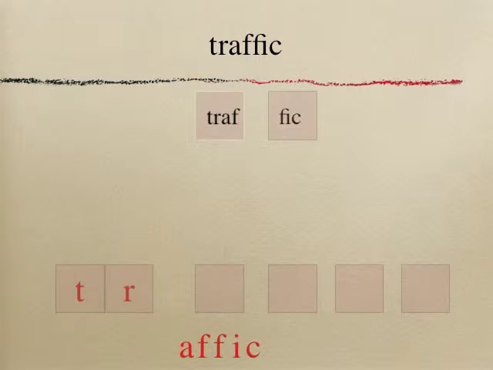Then a, that's made by the letter A. Then we have f, made by the letter F, and there's two of them there, so we're going to put them both in the same box. And we have i, not E. This is the short I sound. And this time it's made by the letter C. So we have T, R, A, F, I, C, traffic.